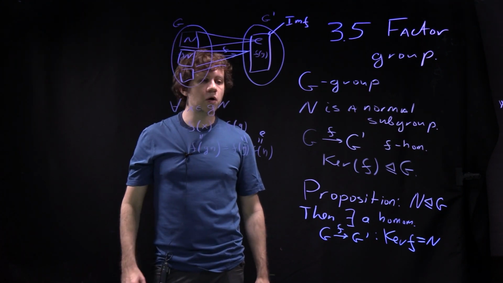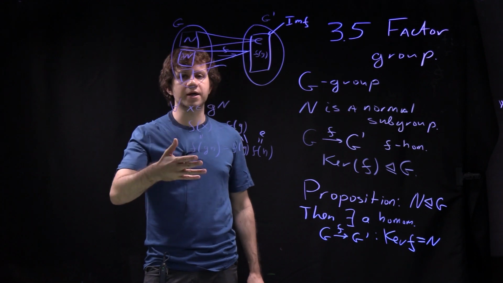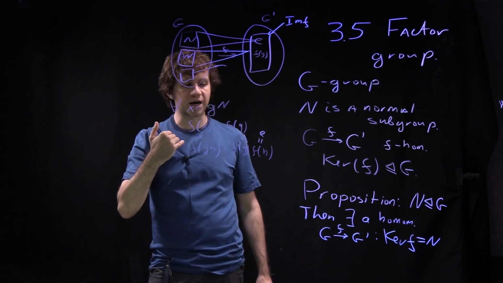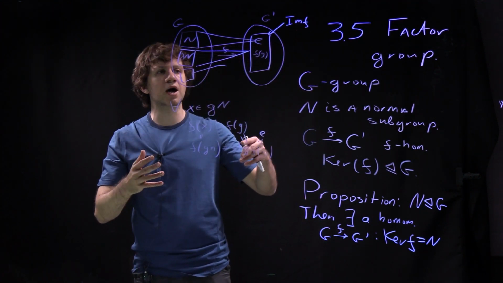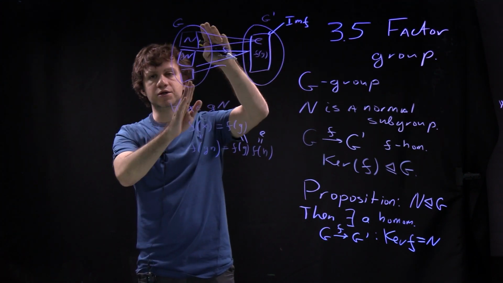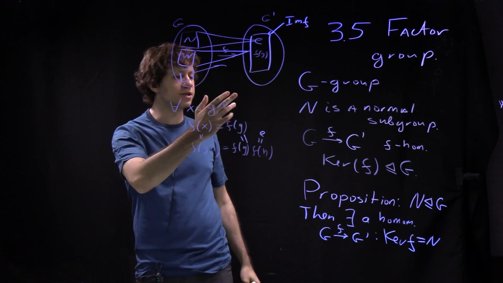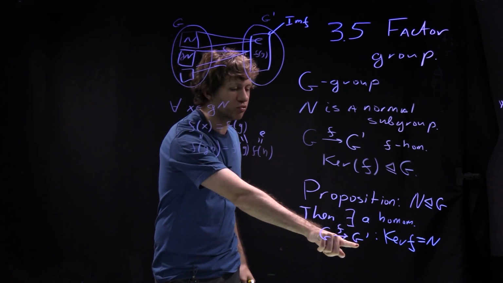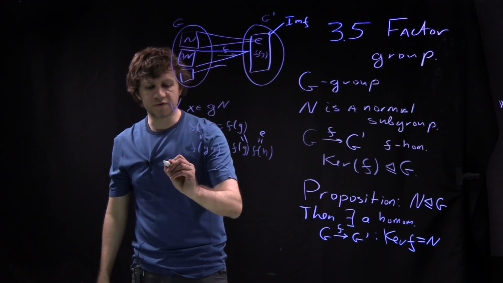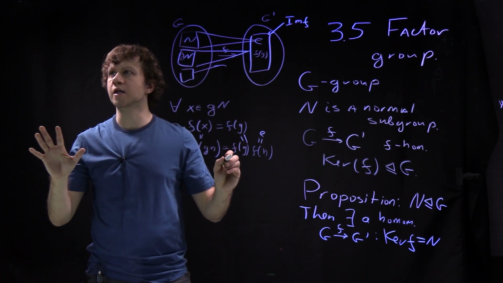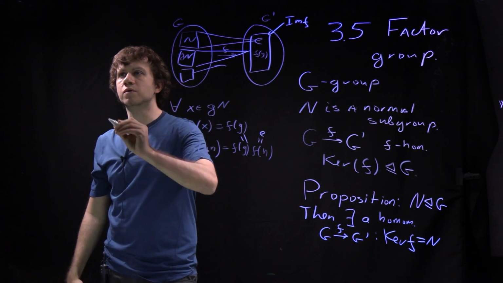And so now I am trying to do the whole picture backwards. So I have this G and I have a normal subgroup, and I need to construct somewhere to send G. And the idea is to define this G prime as a set of cosets. So definition, so maybe let me say construction.